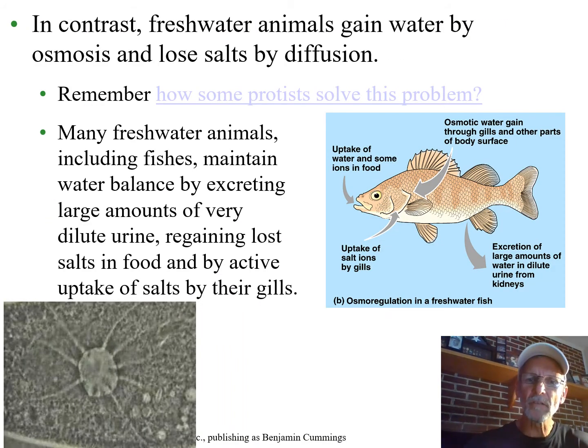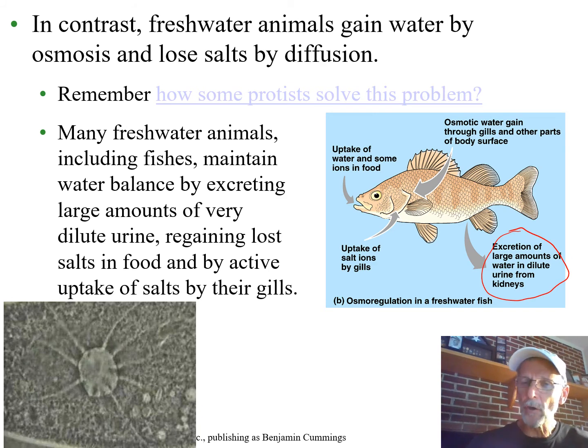So now by contrast, if you're a freshwater fish, you can't help but drink in water. You're surrounded by it, and now this water is real watery. And so your problem is to keep salt in and to get rid of all this excess water. So you urinate lots of water out.